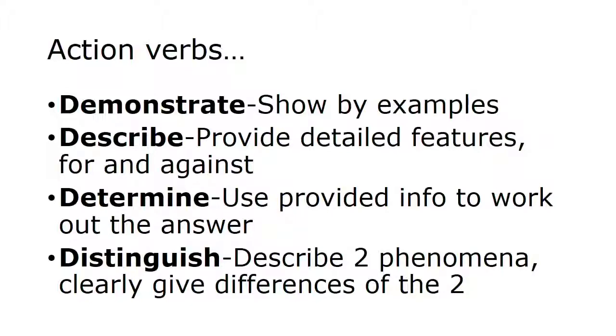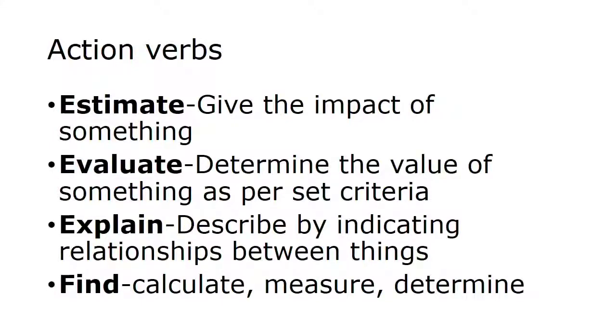Distinguish. Distinguish cannot just be given as one word; there should be two phenomena. So then you should give differences because you are trying to distinguish. You give the difference of the two. Okay? Estimate. If you are estimating, you give the impact of something, period.